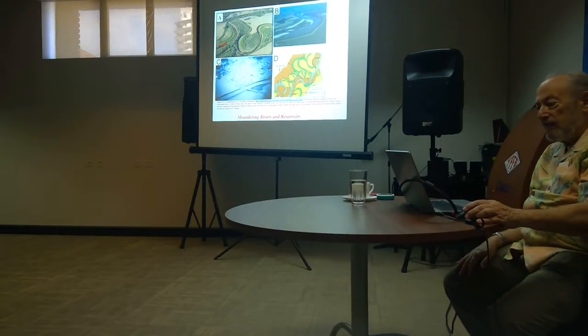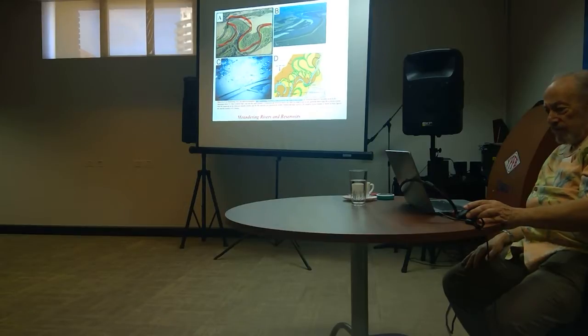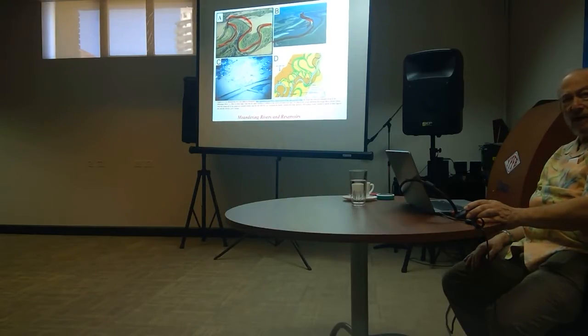Okay, so the active river, this is the river channel, and you can see why it's called meandering. And the main parts of the meandering river are the channel itself, like you see in this diagram here. And the sand, you do get some sand in the channel, but the big accumulations of sand are on what we call the point bar side, or the inside bend of the channel.